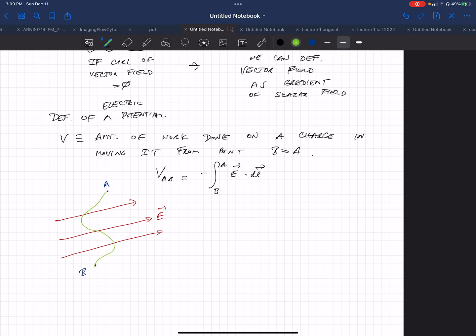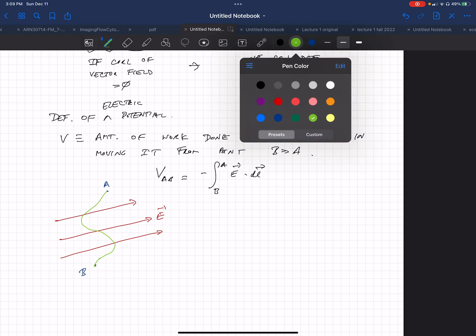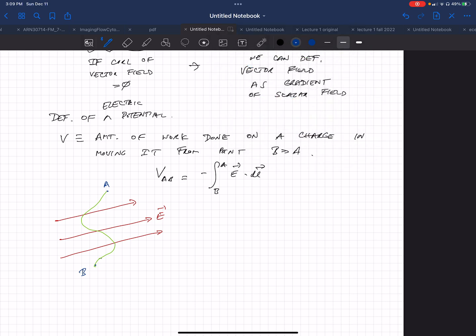At any point, we pick a very tiny line segment, dl, and then we figure out the dot product of that direction with the direction of the force.